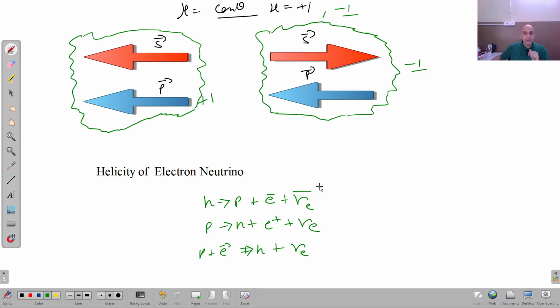So these are the three different reactions in beta decay that can take place, and we can see here that in all these reactions we are getting a neutrino particle. In the first one we are getting antineutrino associated with the electron.